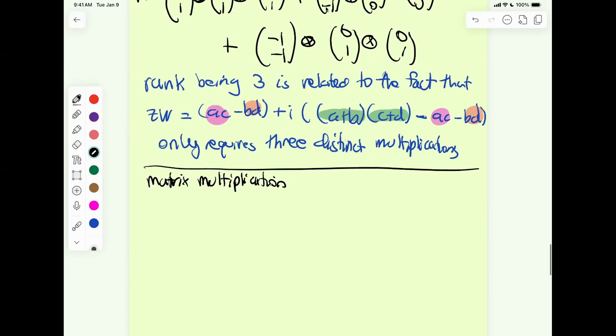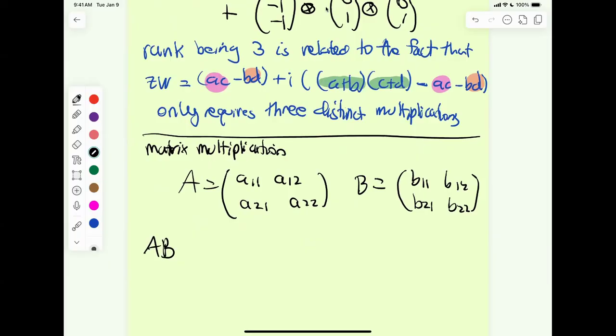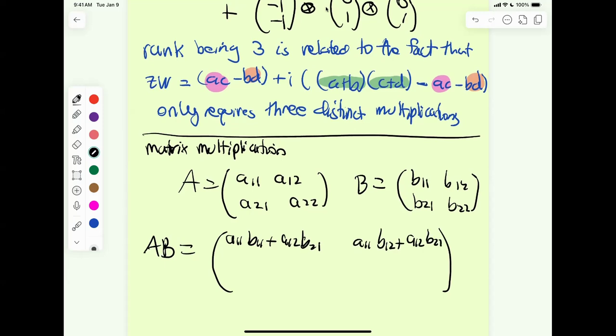So if you have two matrices, A, which is A11, A12, A21, A22, and B, which is B11, B12, B21, B22. And then what is A times B? Well, if you just work it out, you'll get A11 B11 plus A12 B21, and then A11 B12 plus A12 B22.